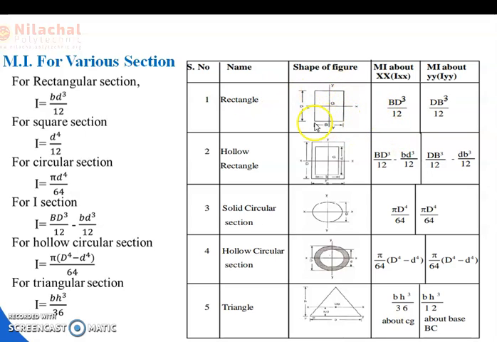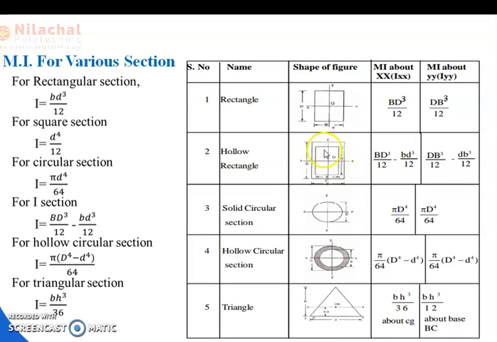Here you can see the diagram, a rectangular shape, and in the x-axis the value of moment of inertia is the width into the depth to the power 3 divided by 12. And in the y-axis the formula is capital D, that means the depth, into width to the power 3 divided by 12.